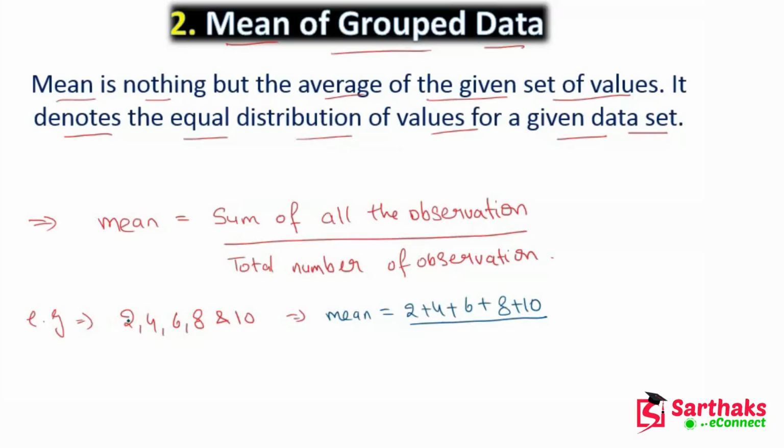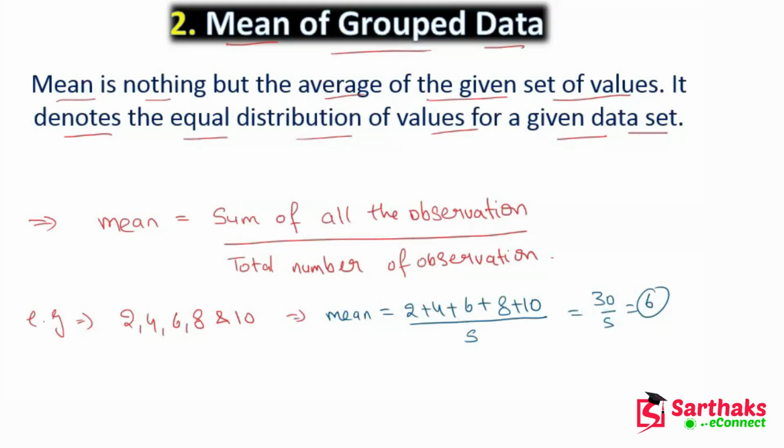How many numbers are there? 1, 2, 3, 4 and 5. Means 5 numbers are there, so we have to divide by 5. If we add this, we get 30 upon 5, which is equal to 6. So 6 is the mean. I hope you understand this question.